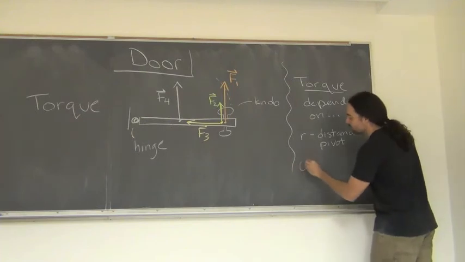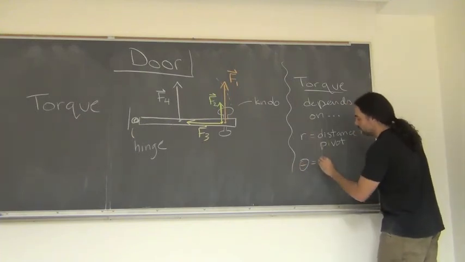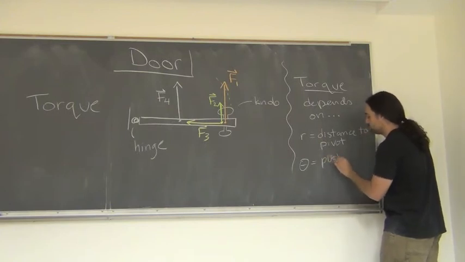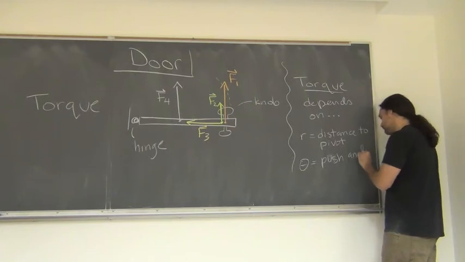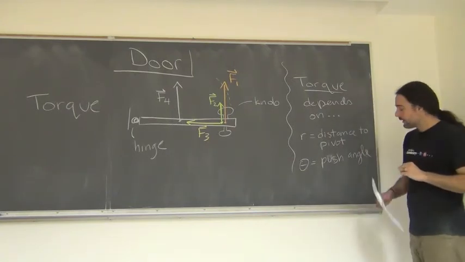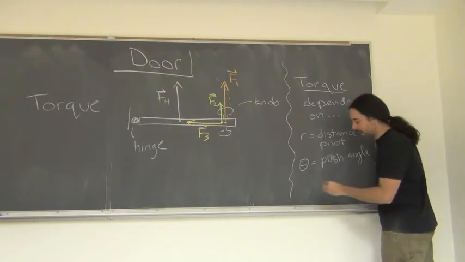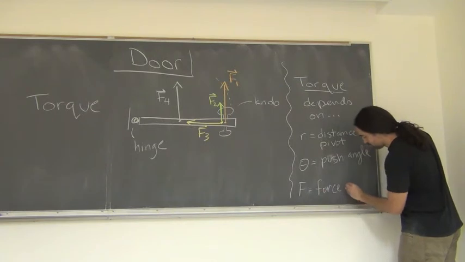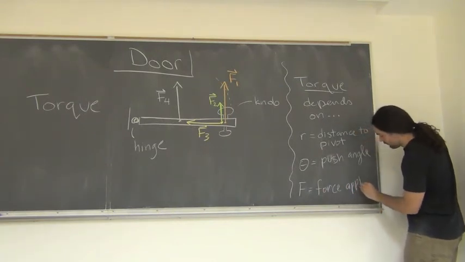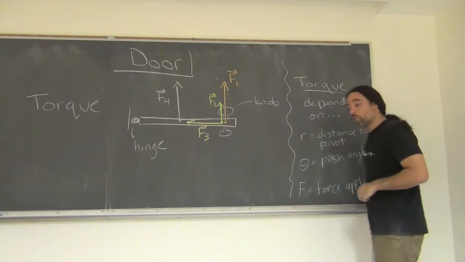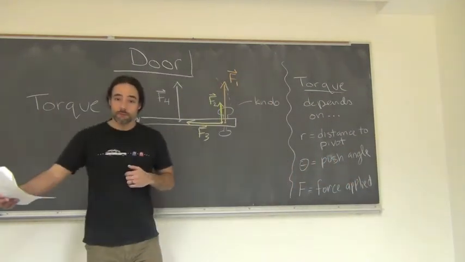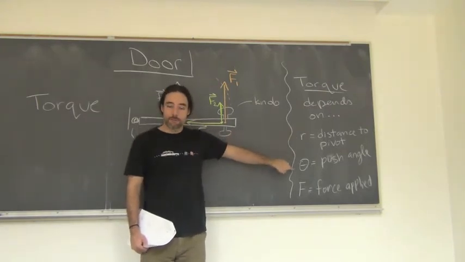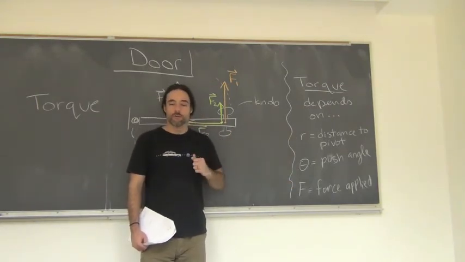Theta is the angle that I pull with, or push with. I'll say the push angle. And finally, it's going to depend on how much force I actually apply. So if I'm going to get the door to rotate open, I need to push in the right spot, at the right angle, and with a certain amount of force.